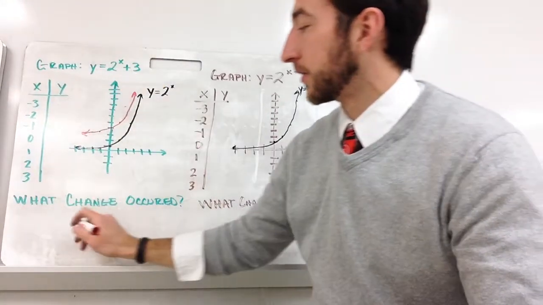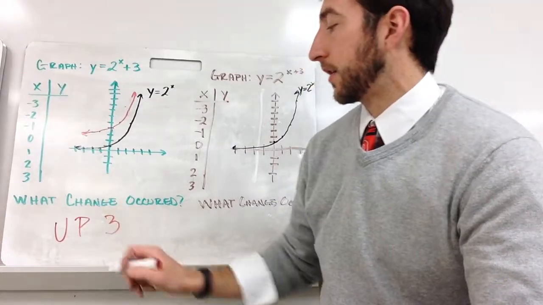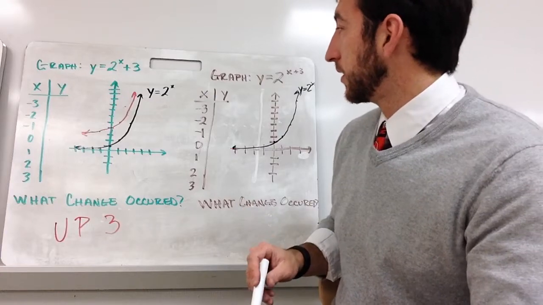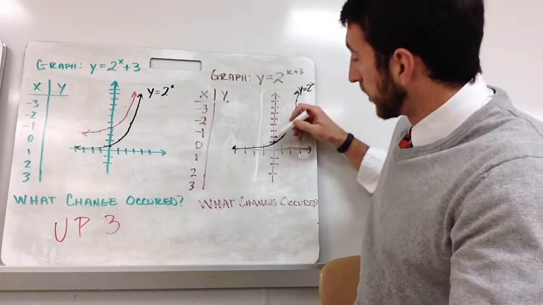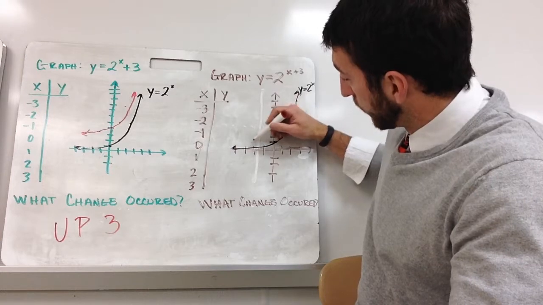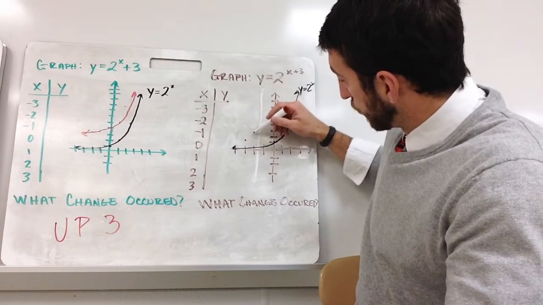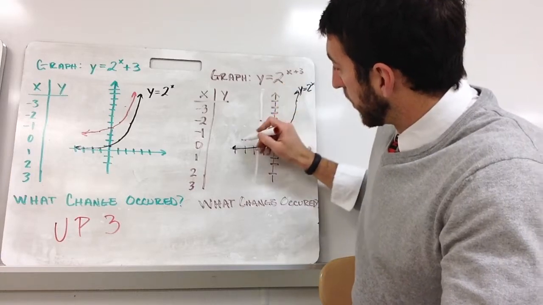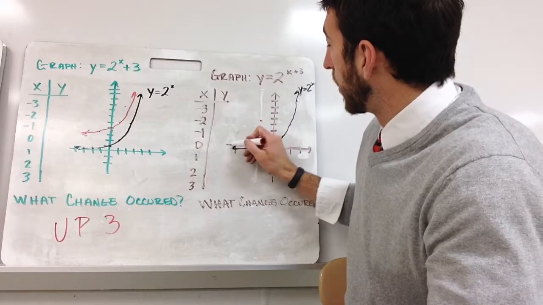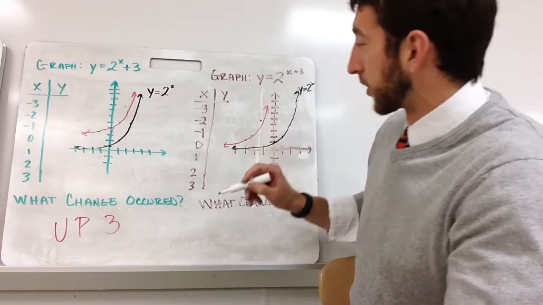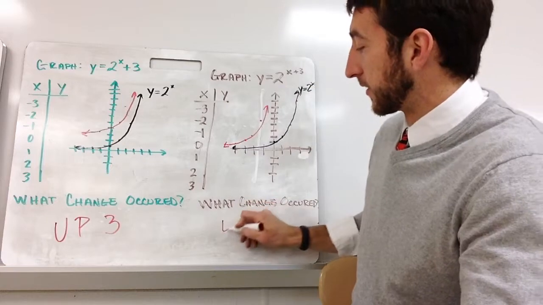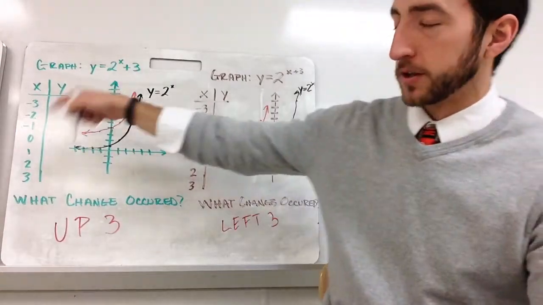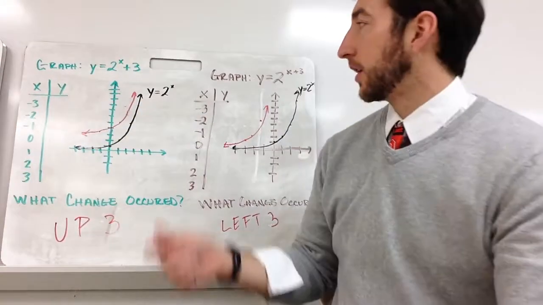And so what's happened is, now we've gone up 3. And then over here, what's going to happen is 1, 2, 3. I know my graph is a little bit off, but what's happened here is this is now left. So if you put in your points and plotted all those, you would see that it ends up shifting that way.